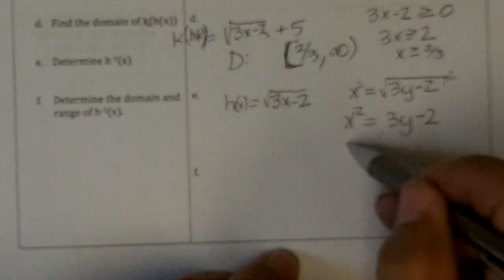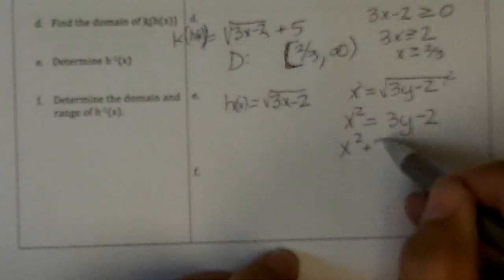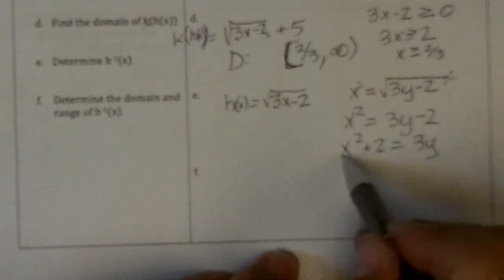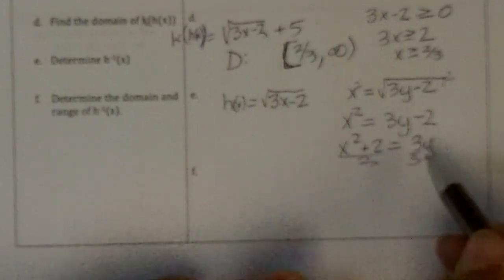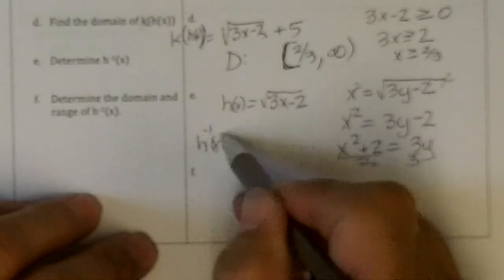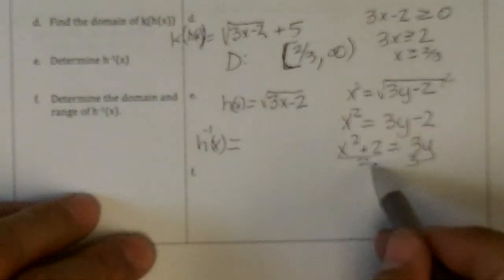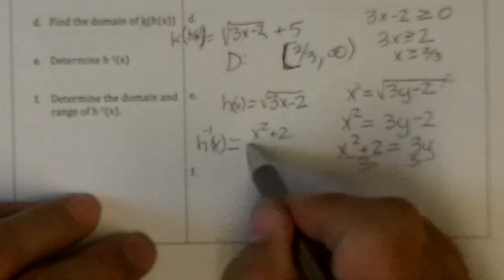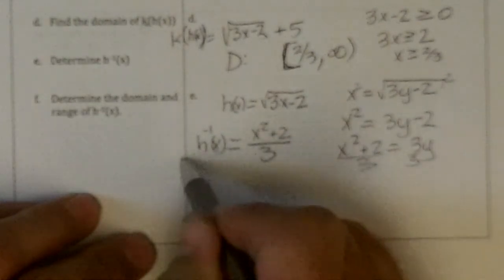Add 2 to both sides. And divide everything by 3. And h inverse of x, or y, equals x squared plus 2 divided by 3.